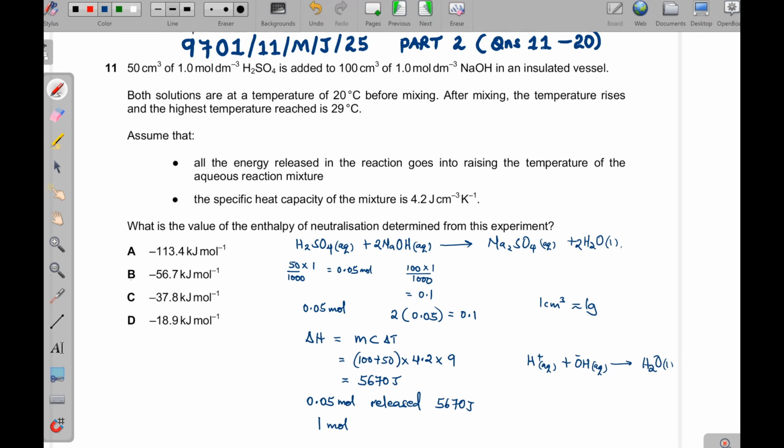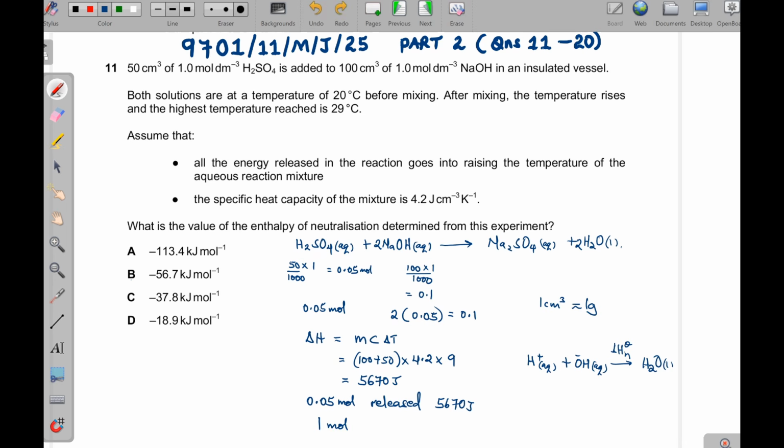So the enthalpy of reaction here will be the enthalpy of neutralization. But 1 mole of sulfuric acid releases 2 moles of water, so to get the enthalpy of neutralization, because this one releases 2 moles, we shall divide it by 2.